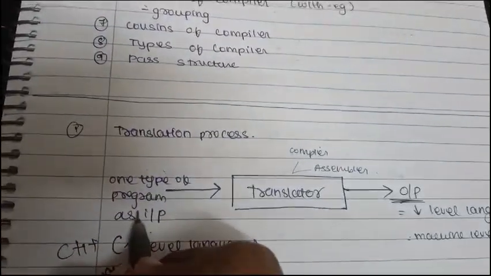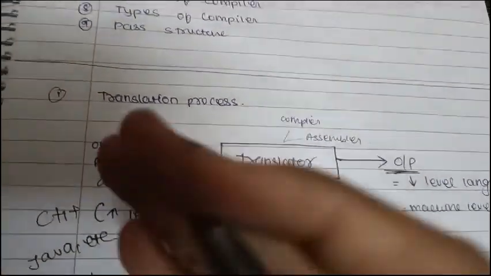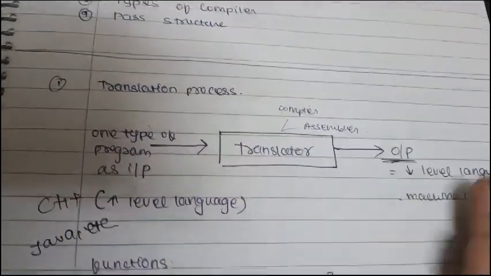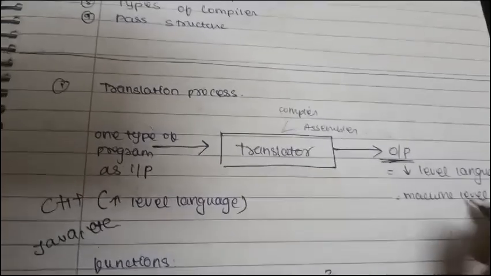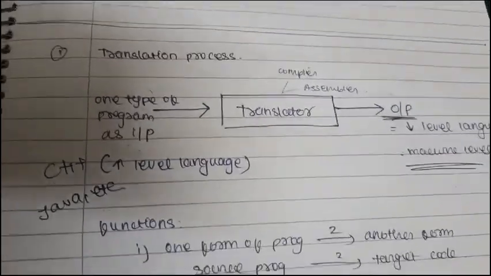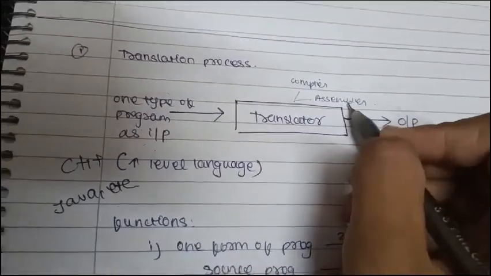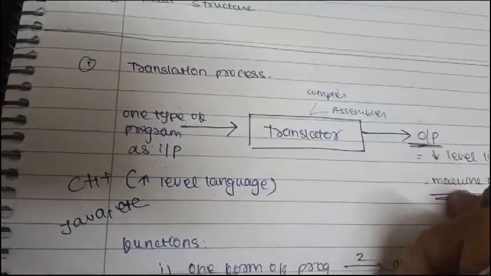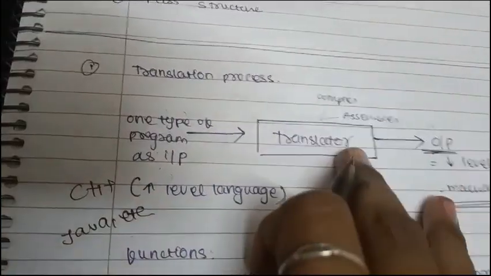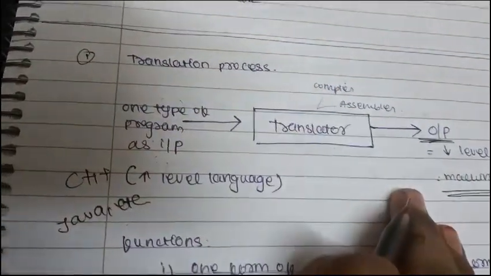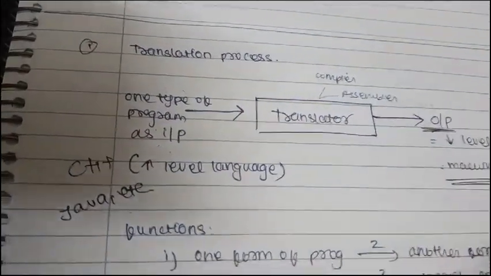So it takes one type of program as input and converts it into another type of program, which is understood by the machine. There are two types of translator, compiler and assembler. Don't stress much, I'm just briefing you about the types of translator. We'll discuss them in later topics.